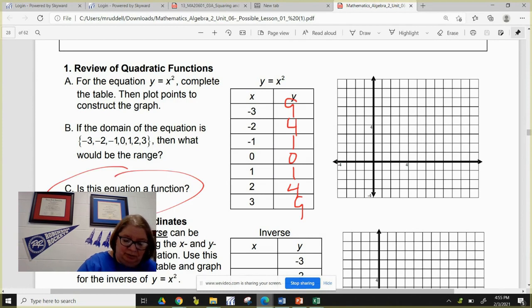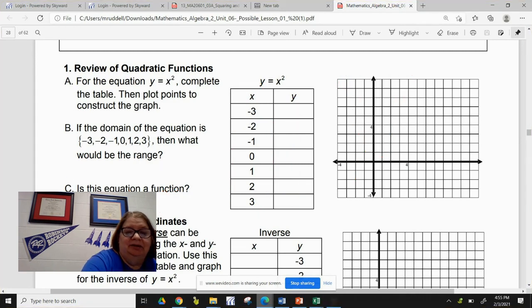Is this equation a function? Remember our graph? I'm just going to sketch it real quick. It looks kind of like this. It is a function because the x's do not repeat and the graph passes the vertical line test. Do you remember that? All right, now let's look back at the second one.